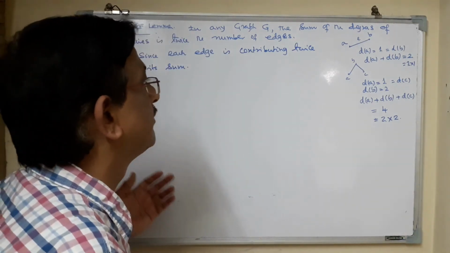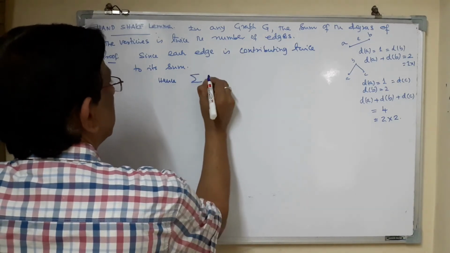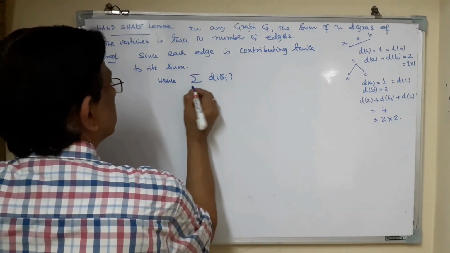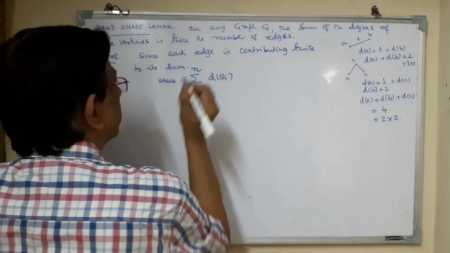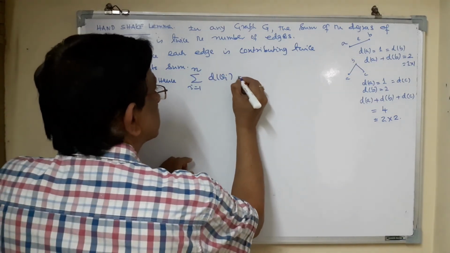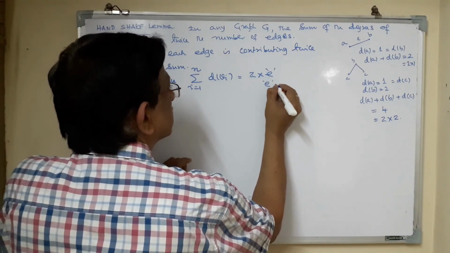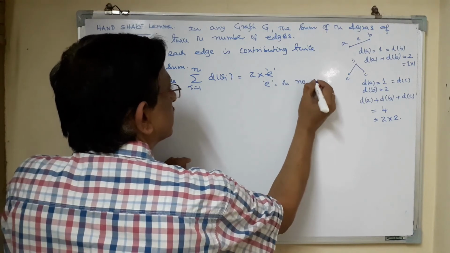So if there are n vertices, hence the sum of d(vi), i equal to 1 to n, is twice E, where E is the number of edges. That's all.